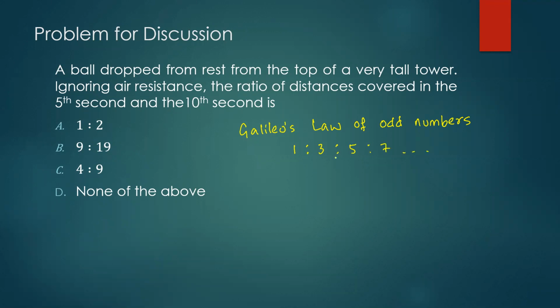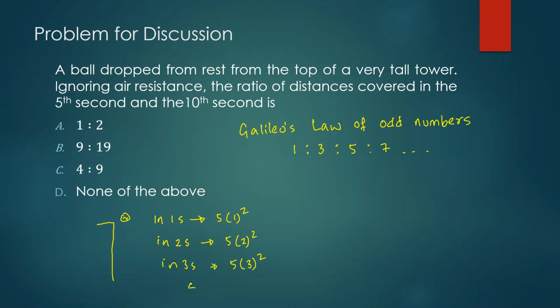Now we can easily understand this. If something is dropped from the top of a tower, in 1 second the distance covered will be, if I take g as 10, half g t square. So I'll have 5 into 1 square. In 2 seconds, it will cover 5 into 2 square. In 3 seconds, it will cover 5 into 3 square and so on.